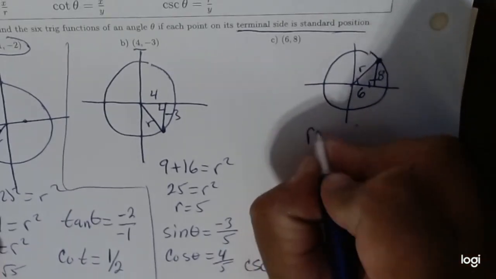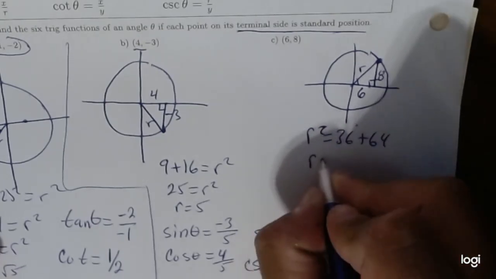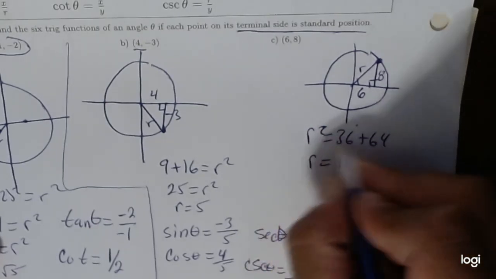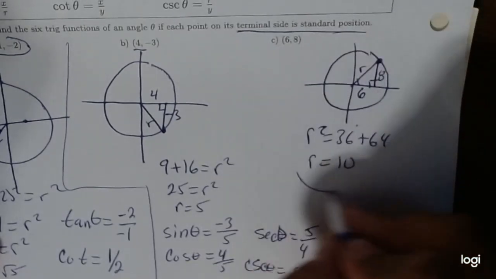So r squared is going to be 36 plus 64. This adds up to 100, so take the square root, should give you 10. So same process once you get there.